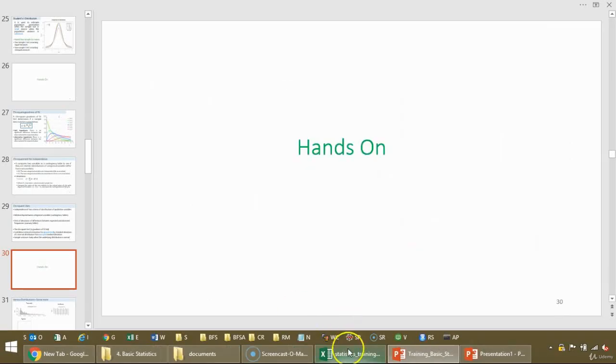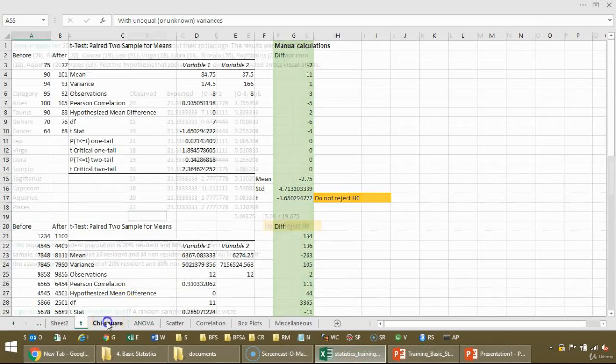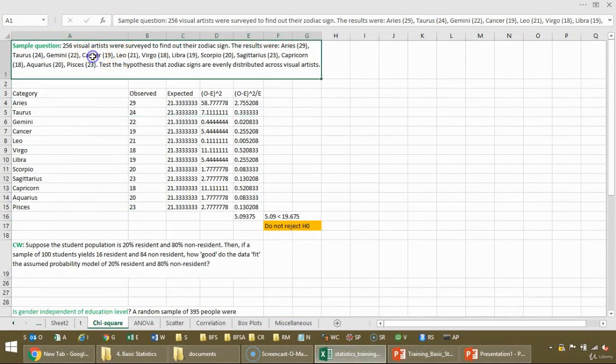So for the hands-on, please open the Excel file and go to the chi-square tab. These are samples that have been taken from the internet, and the references are in the reference section. Let me explain one. This says that 256 visual artists were surveyed to find out their zodiac sign.